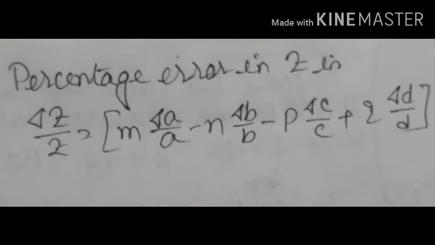If the question provides us the percentage error of a, that is delta a by a, percentage error in b, that is delta b by b, percentage error in c, that is delta c by c, and percentage error of d, that is delta d by d, then we can simply use these and find the percentage error delta z by z.